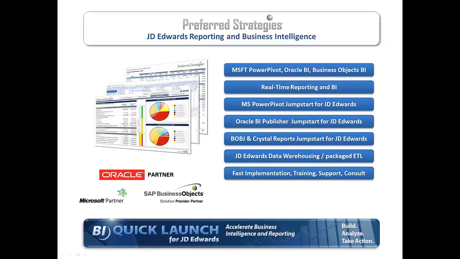So Preferred Strategies, we've been working in the business intelligence and reporting space as a company since 2002. Our sole focus has been around the back end of JD Edwards. That's our sweet spot, taking reporting and BI solutions tailored for JD Edwards specifically. We started out around Crystal Reports, helping JD Edwards customers learn how to write Crystal Reports, and branched into the full suite of BusinessObjects offerings.